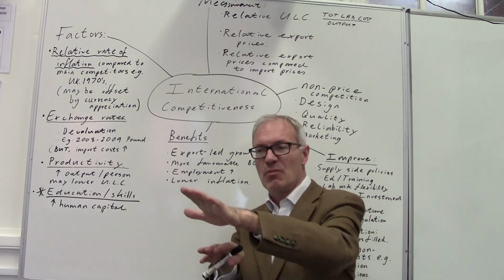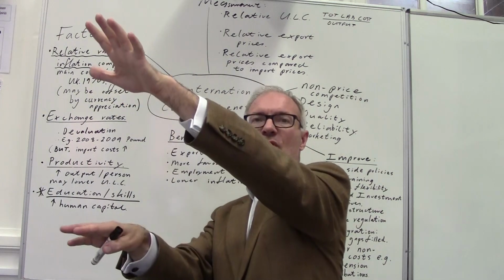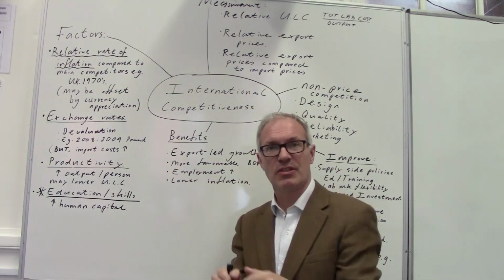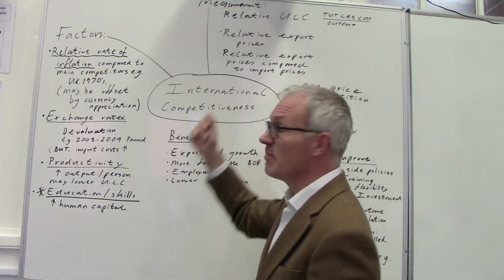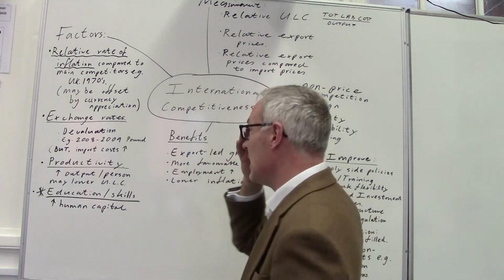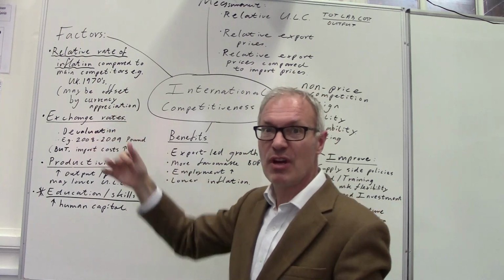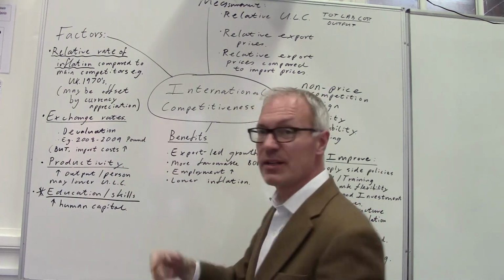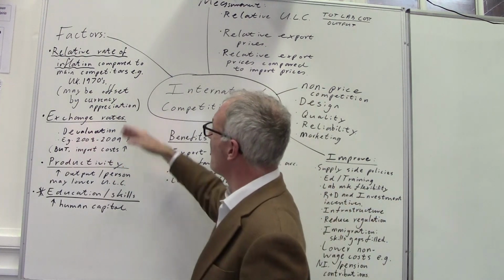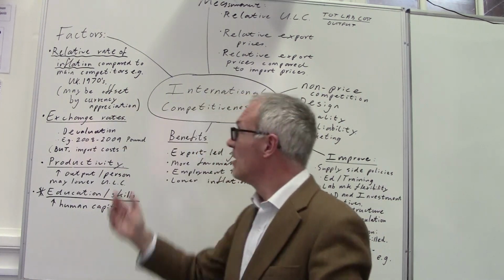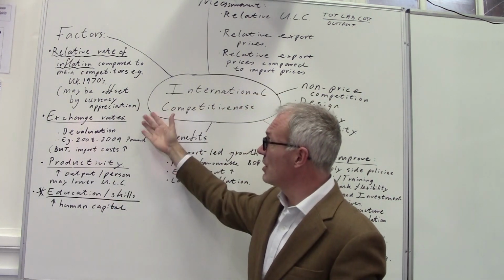Over time, our export prices are going to go up more than the German export prices, and we'll become less price competitive. So the 70s were a good case in point where British inflation was relatively high compared to our main competitors. However, that may be offset by currency appreciation.